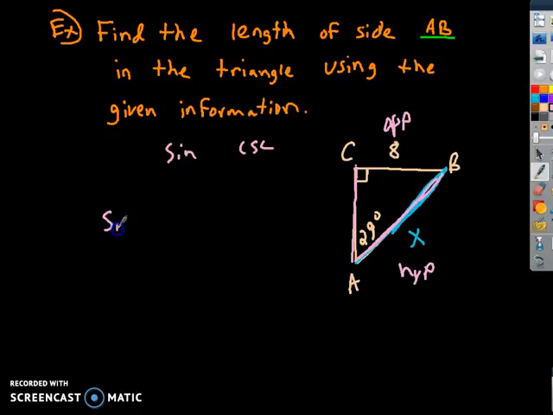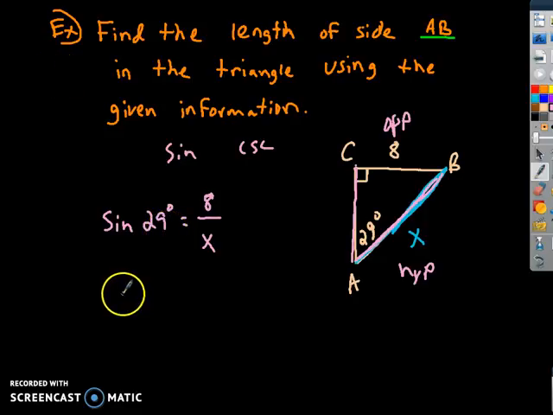So I can say sine of the angle, 29 degrees, equals the opposite side, 8, over the hypotenuse, x. And you can solve that equation. All right, so if you use what we just said, you convert sine 29 degrees into a decimal.